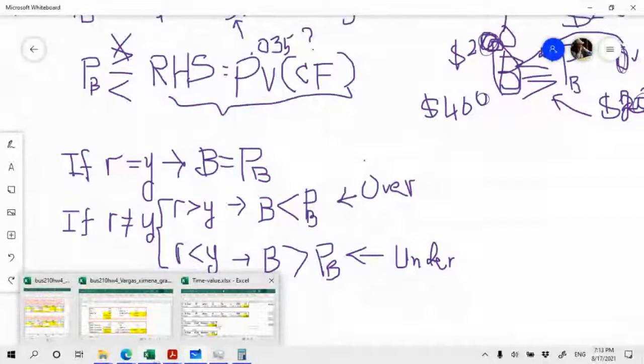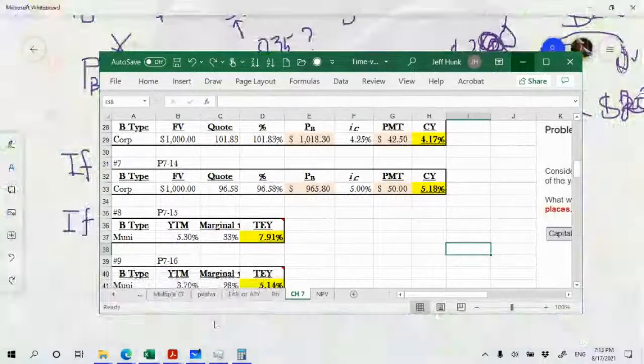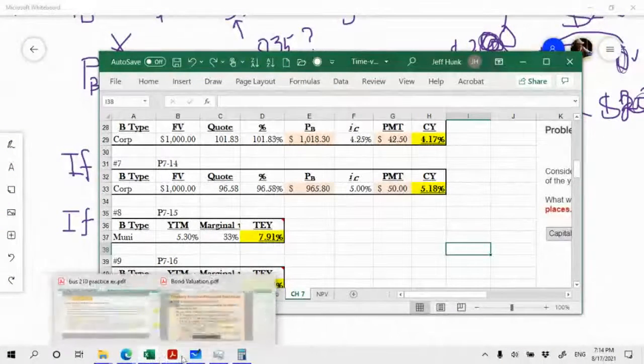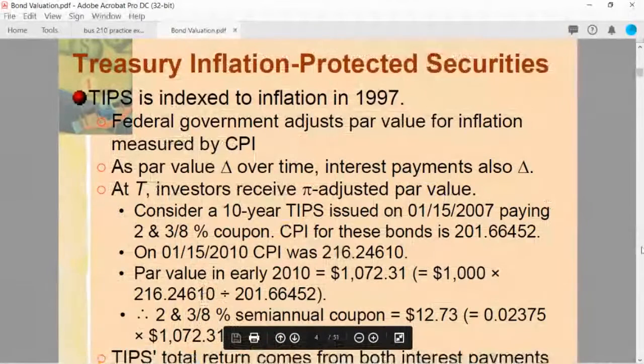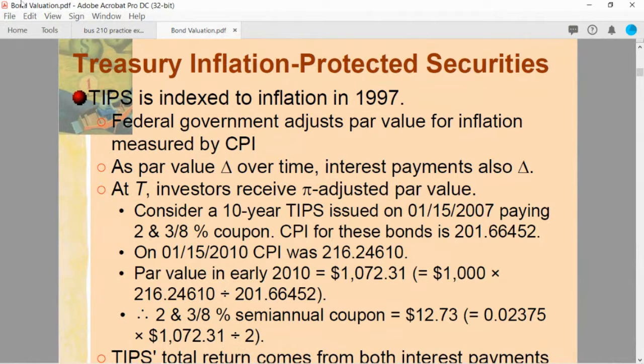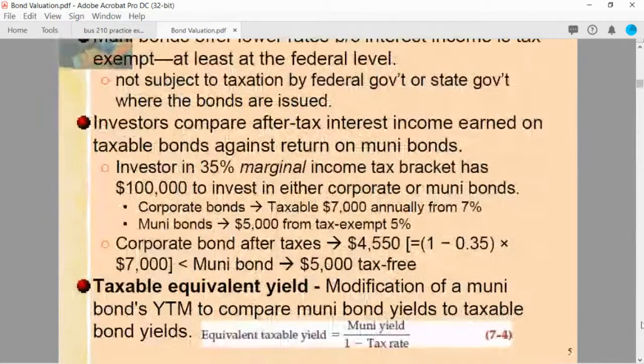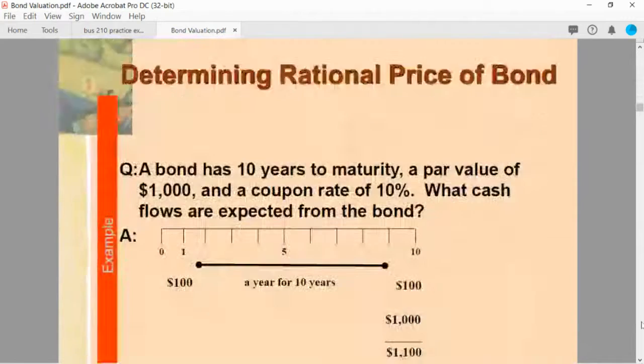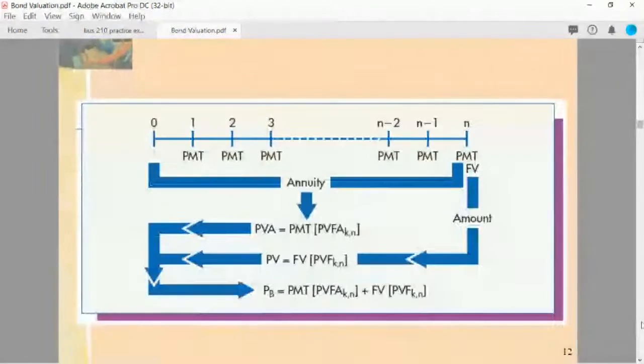And then I would like to introduce you, because there are still things that we haven't talked about. First of all, TIPS, Treasury Inflation Protected Securities, and inflation municipal bonds and all. But that was delivered through the main lecture.